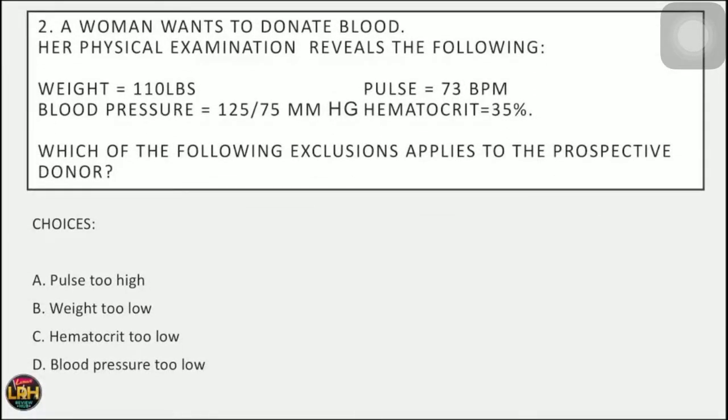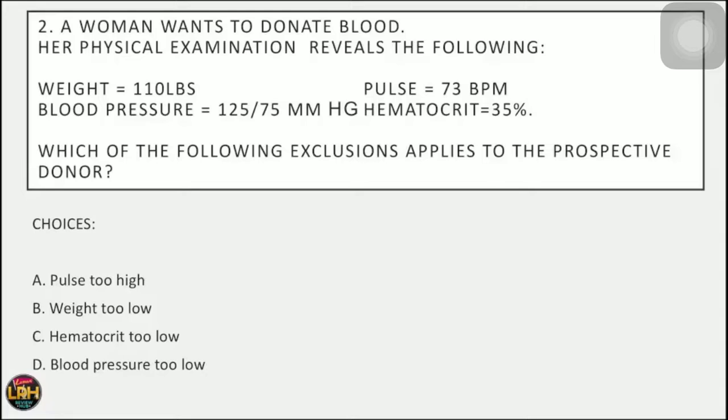For question number 2, a woman wants to donate blood. Her physical examination reveals the following. Her weight is 110 pounds. Her pulse is 73 beats per minute. Her blood pressure is 125/75 millimeters mercury and hematocrit of 35%. Which of the following exclusions applies to the prospective donor?